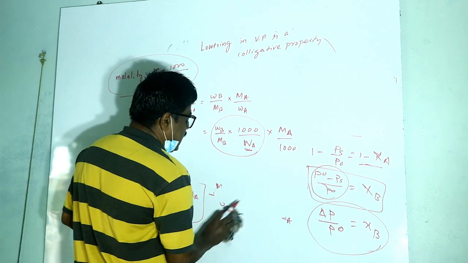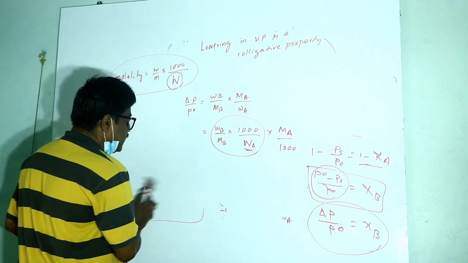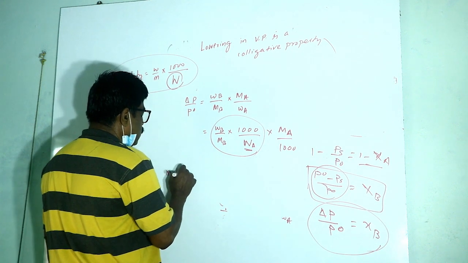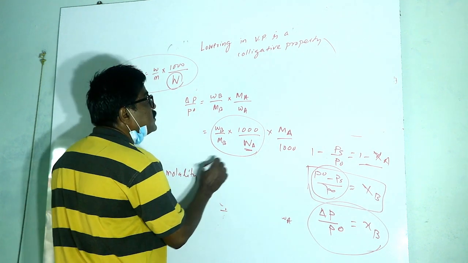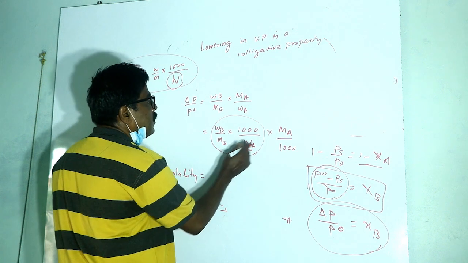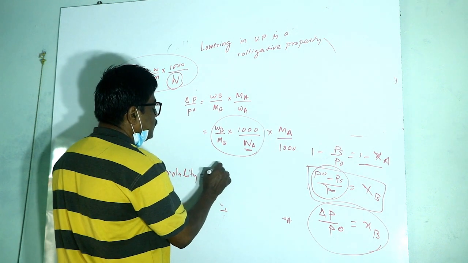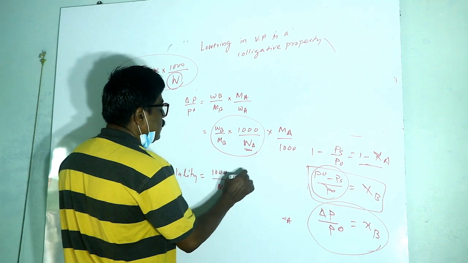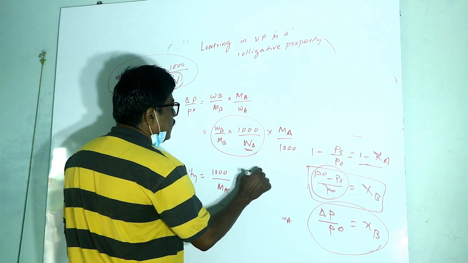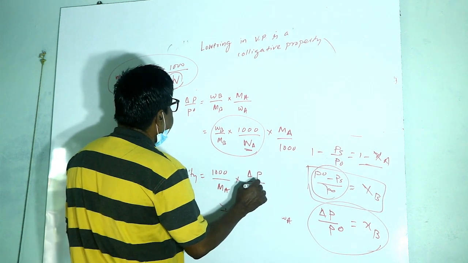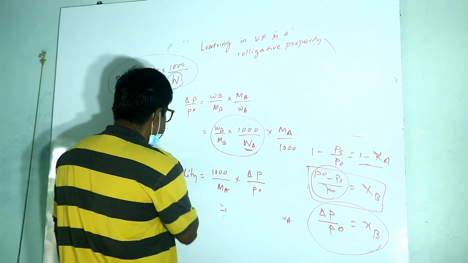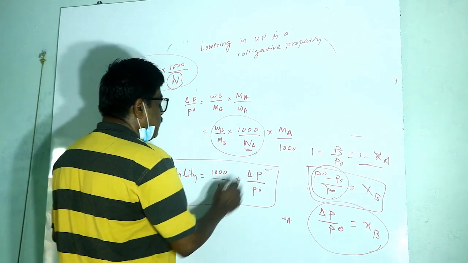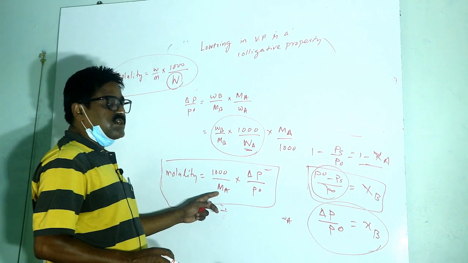So we can change this relation as molality is equal to 1000 by MA into del P by P0. This is the relation between molality and lowering in vapor pressure. Consider the solvent constant.